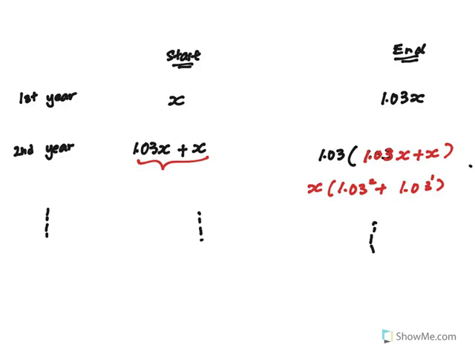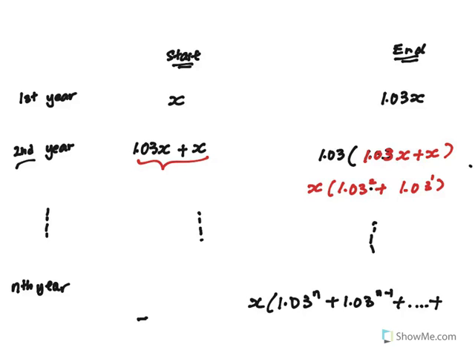At the end of the n-th year, it's going to look like x(1.03 to the power n plus 1.03 to the power n minus 1, and so on, plus 1.03 squared plus 1.03 to the power of 1). That is the idea that we have.